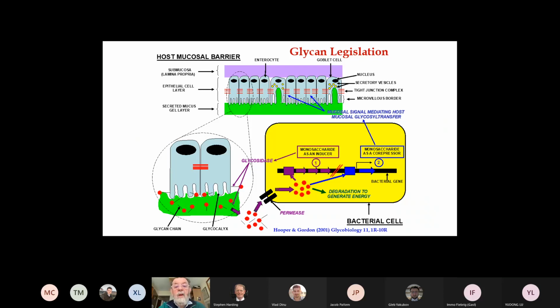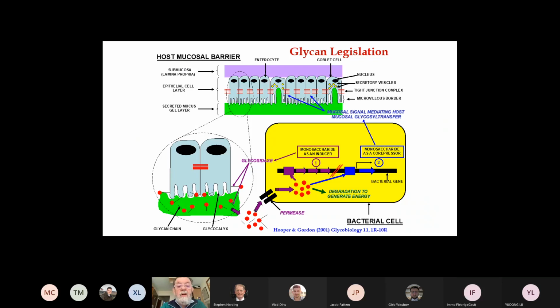If we look at this in more detail, down at the bottom on the left-hand side, you can see that the secreted glycoprotein can be degraded by glycosidases, which are being secreted by the bacteria. The bacteria is the yellow square at the bottom right-hand corner.